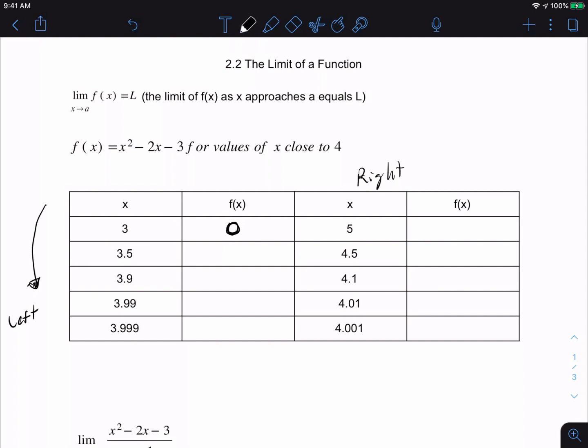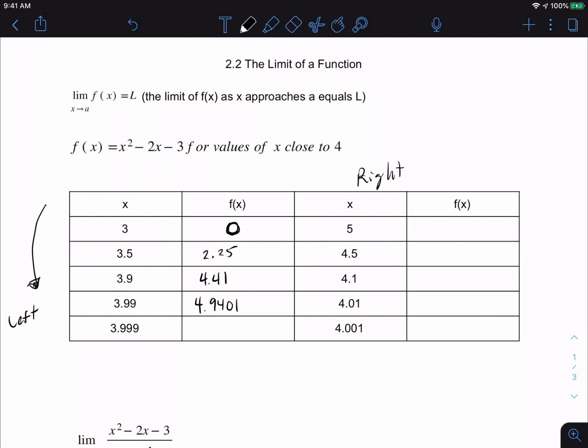So if I plug in 3.5, I'm going to get 2.25 as my number. Okay? If I plug in 3.9, I'm going to get 4.41. 3.99 is going to give me 4.9401.